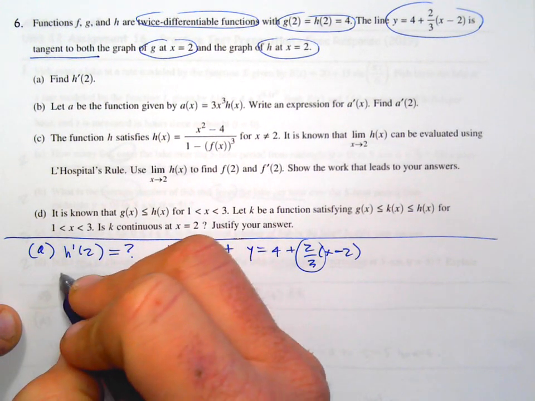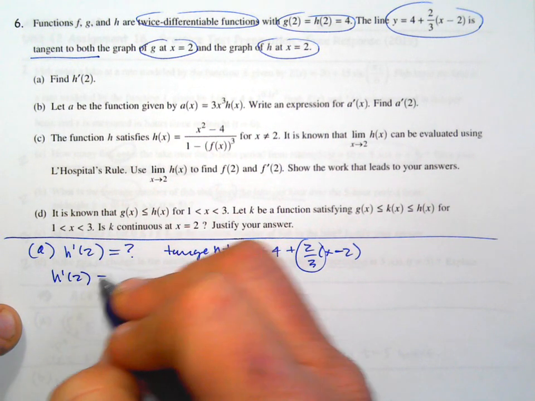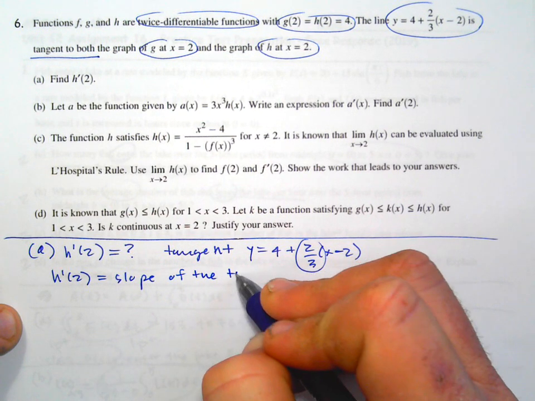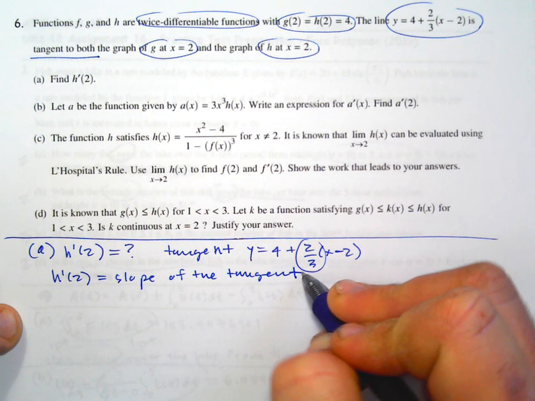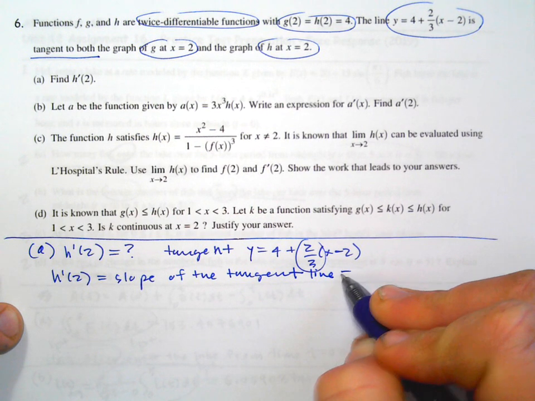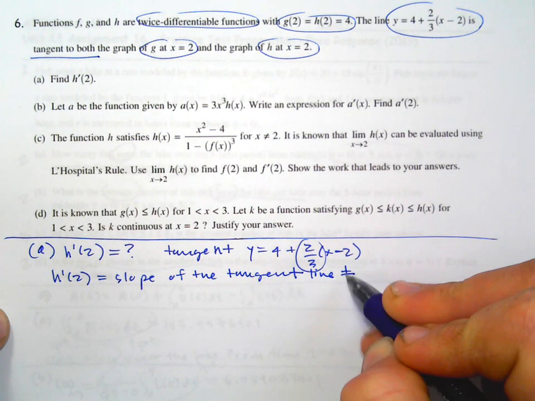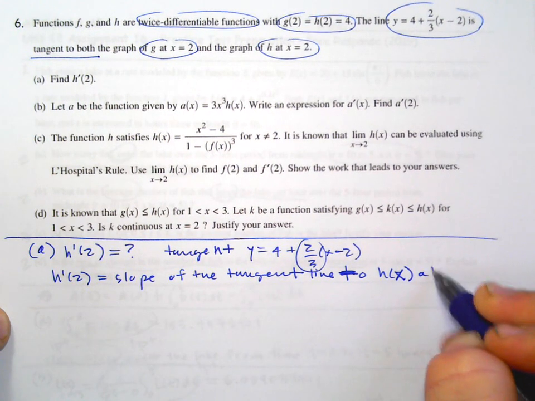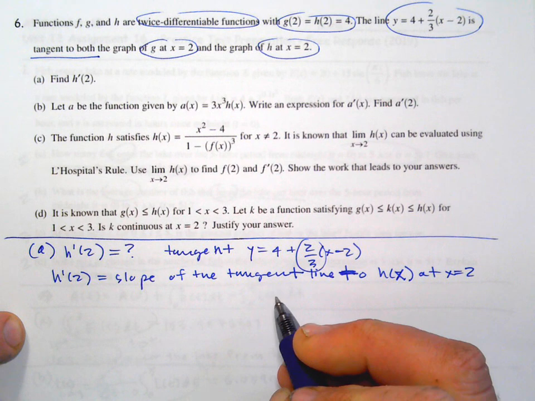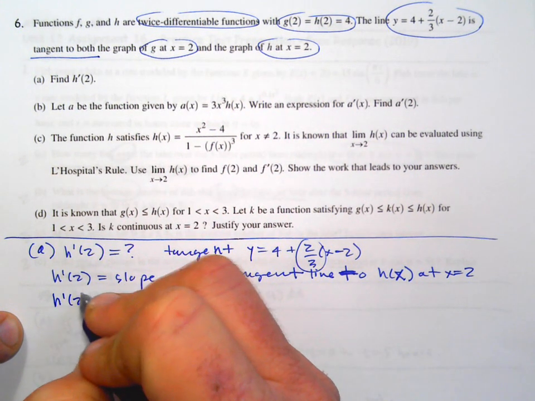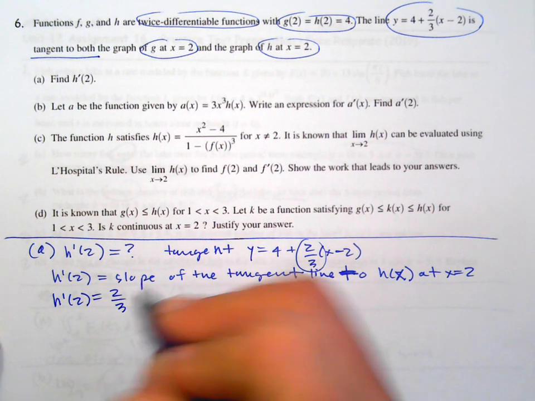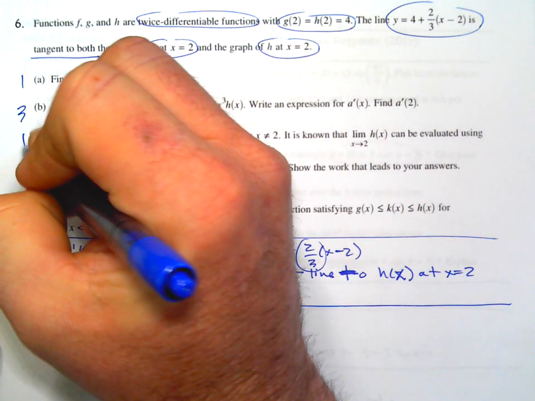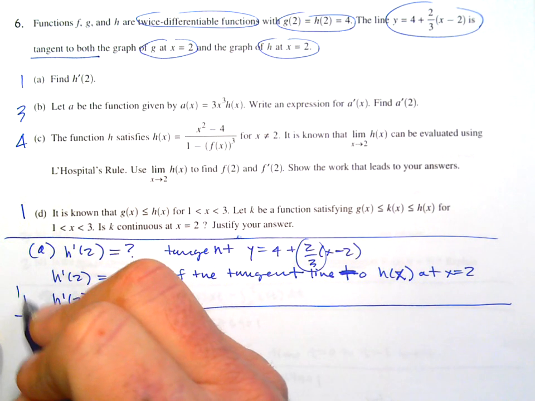So h prime of 2 equals the slope of the tangent line to h(x) at x equals 2, and so that is going to be 2/3. But that was pretty easy. Now, point breakdown here is 1, 3, 4, 1. So no surprise, that was 1 point.